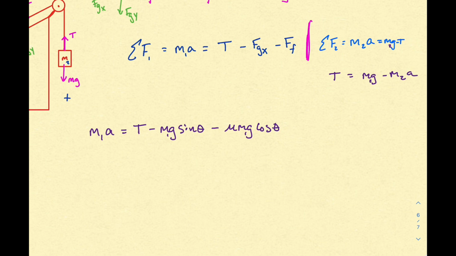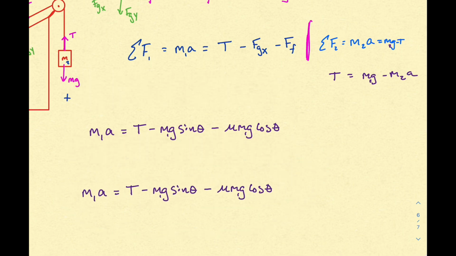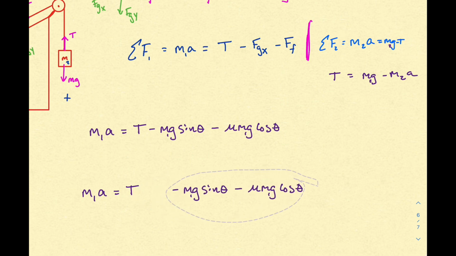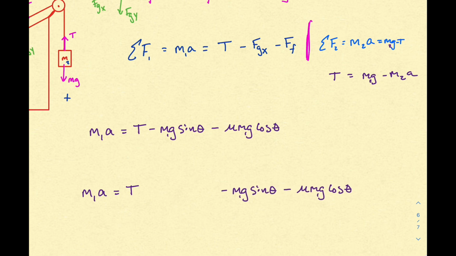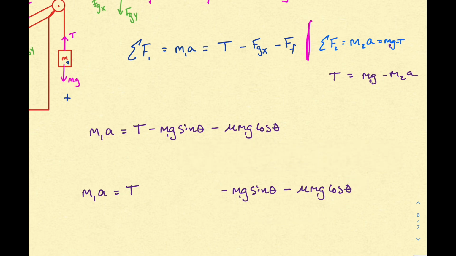Just like before, we now need to do some substituting in. So I have my equation right here, which I'm going to rewrite, or in my case, duplicate, and give myself some space by moving that over. And now I need to substitute in these values.